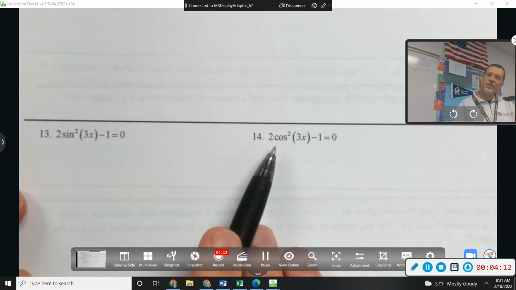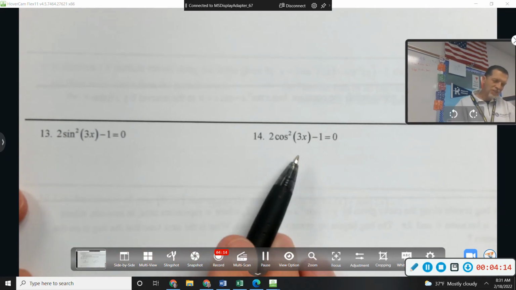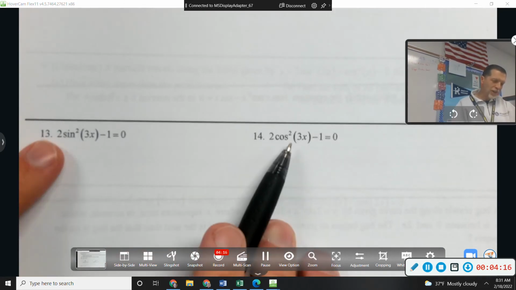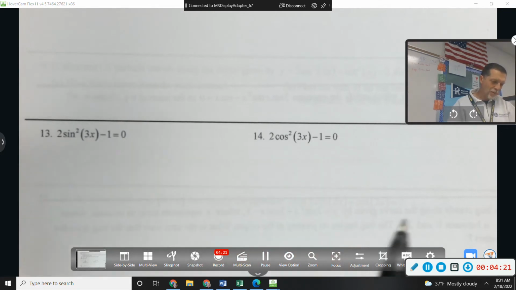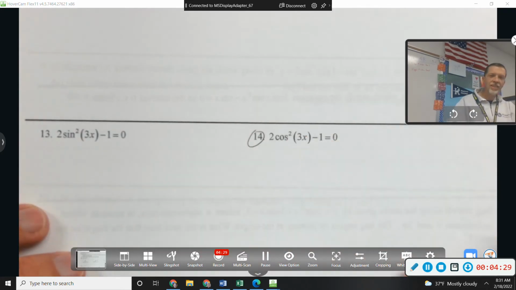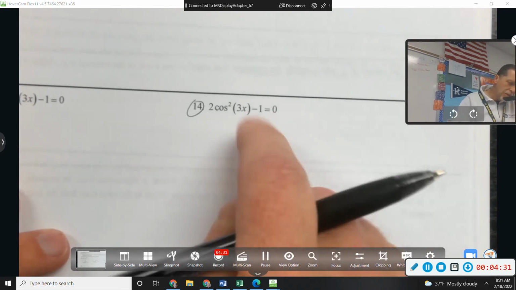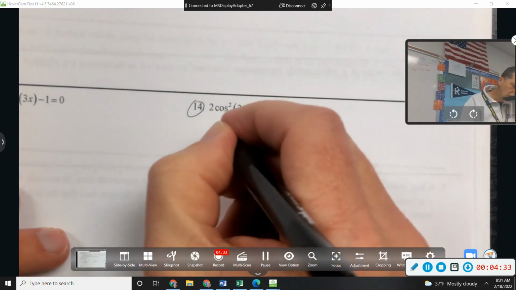Can we do one of those? Yeah, sorry. You got a preference on which one? They look pretty similar because they both have a squared and they both have a 3x. Do you care which one? No. Anybody care which one? 13 or 14? 14? 14 it is. So I'm going to add 1 and divide by 2.